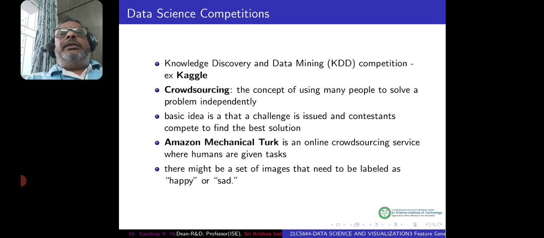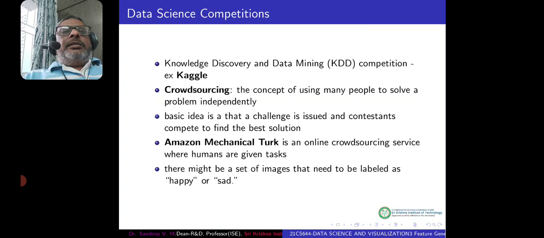One of the tasks Amazon Mechanical Turk has is to classify whether a given image or a person in the image is happy or sad. For training, we need labeled data. We need many such labeled examples, but getting data is easy, while labeling it is a big task.